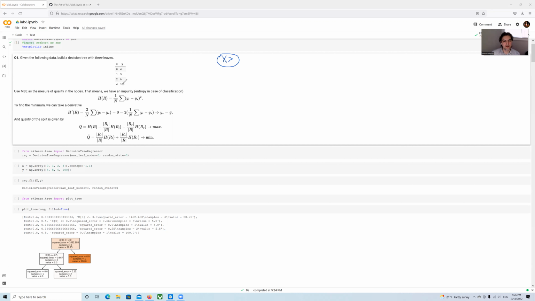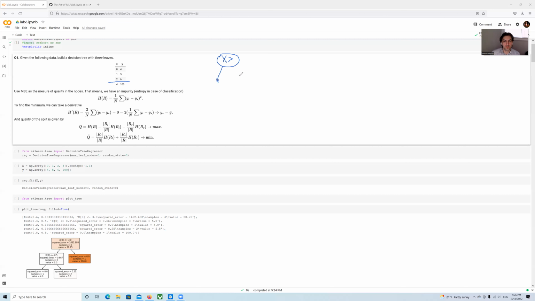And of course, it's obvious that we should split the first time like this, because if we have 6 and 100 in one class, the variance will be 94 squared, which is a huge number.